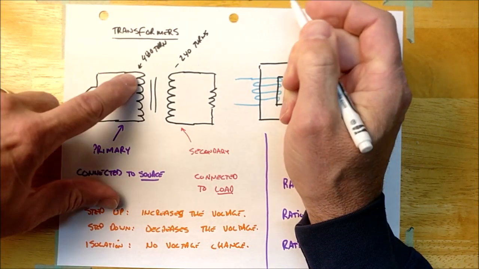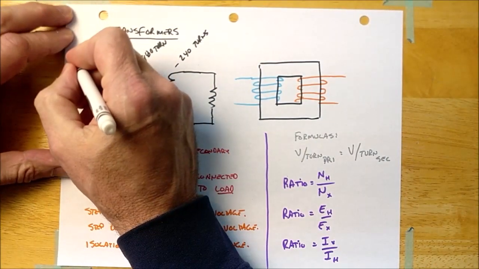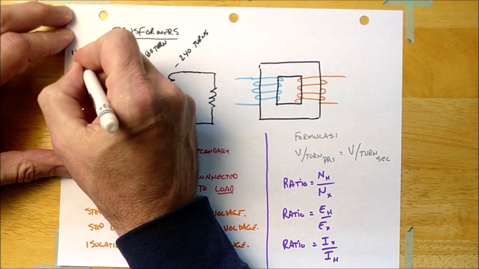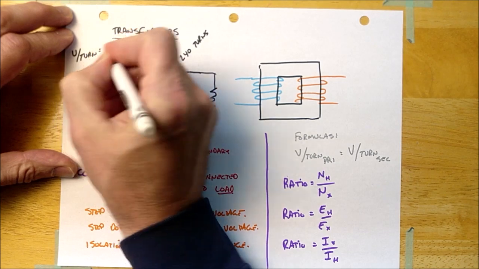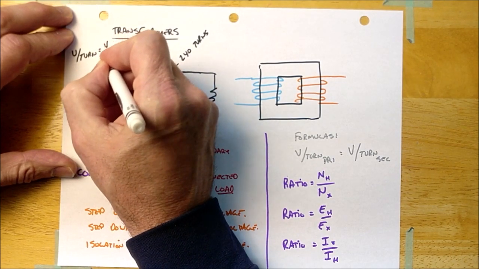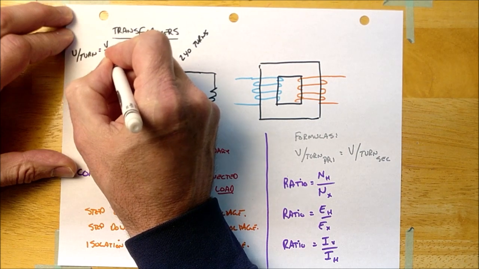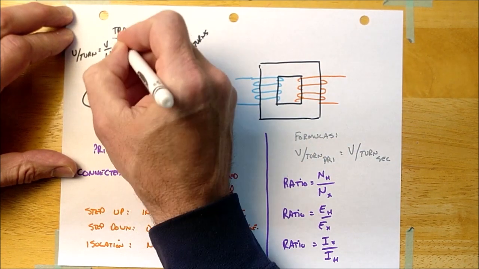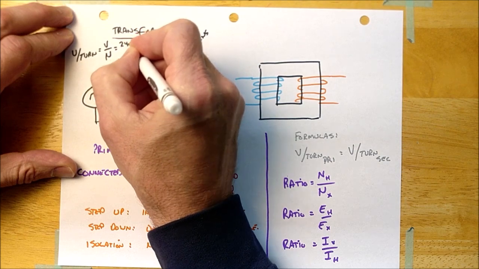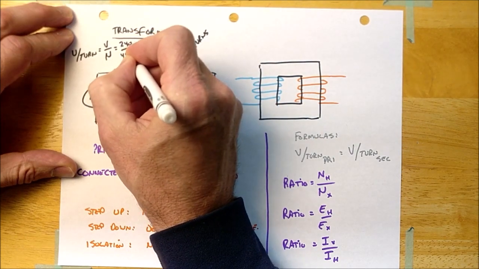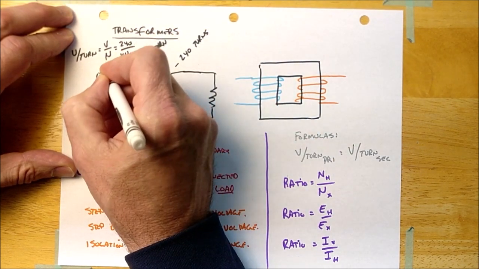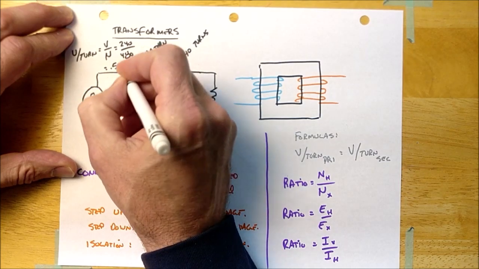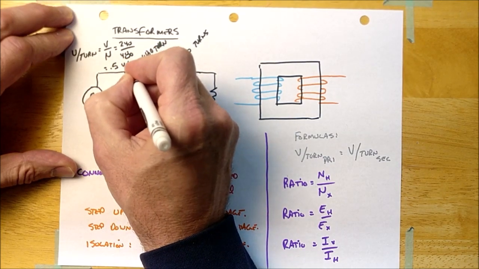And I can figure out the volts per turn here, guys. The volts per turn is going to be equal to the voltage over the number of turns, and we'll call that N. And since the voltage is 240 and the number of turns is 480, then the volts per turn is equal to 0.5. Okay, guys? Volts per turn.